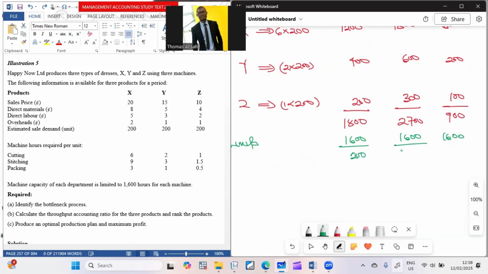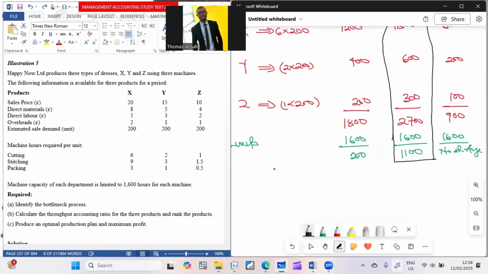This one, there's a bottleneck of 1,100, and this one, there is no shortage at all. We can actually do everything. So which one will be your bottleneck activity? You can see clearly, this is where the huge limitation is. So the bottleneck is this one.